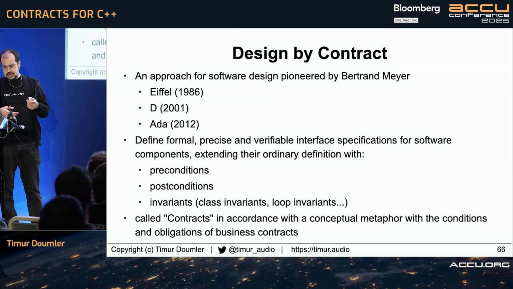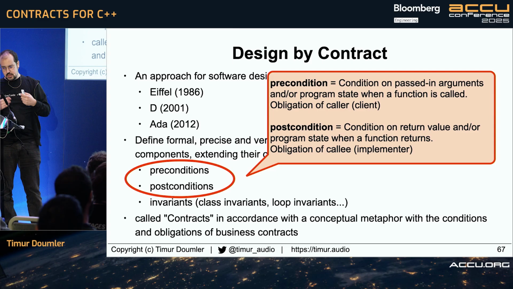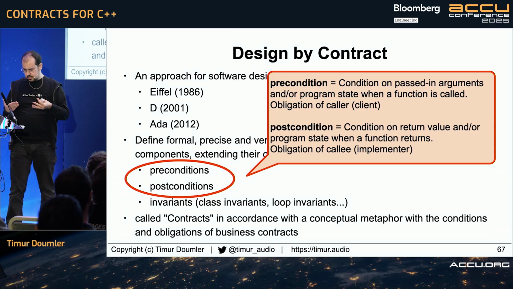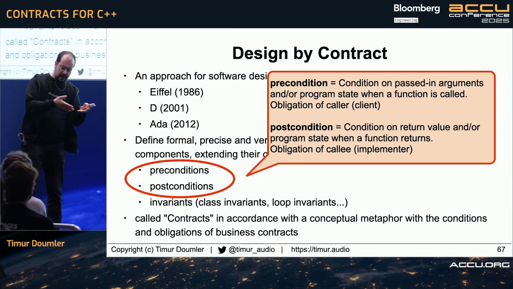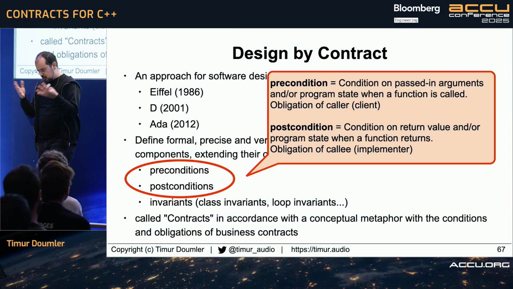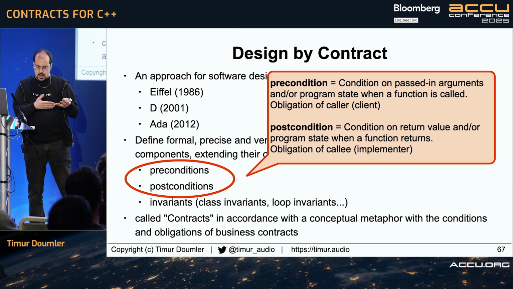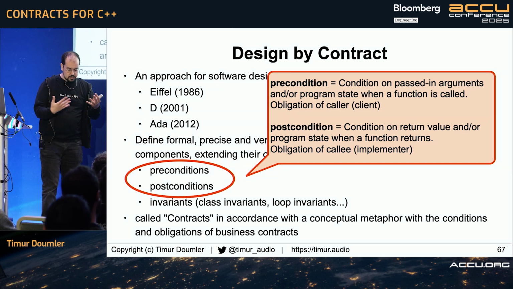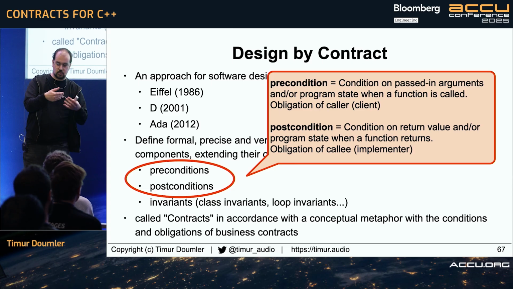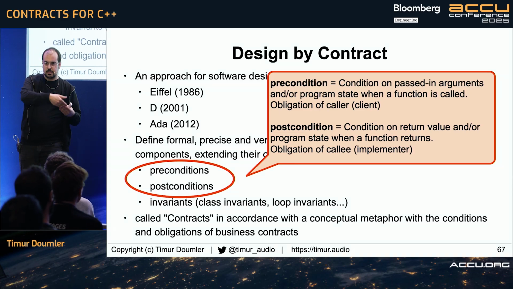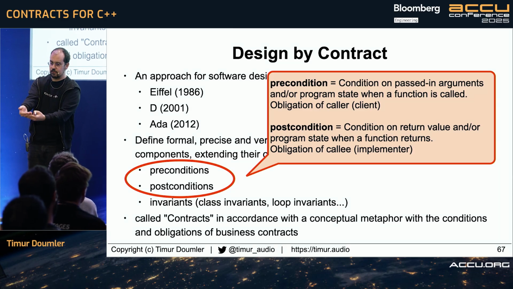So this is particularly clear when you look at preconditions and postconditions. A precondition is a condition on when you call a function, on the parameters you passed in and the overall program state at that point. And it's the obligation, or the contract, of the person calling that function to make sure that those conditions are met. And then the function implementation can rely on those being met.